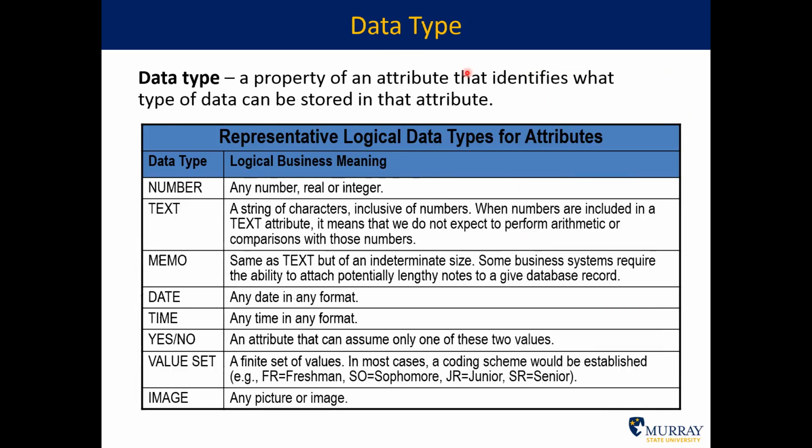Now, one thing to note about attributes is that each attribute should have a specific data type. Typically, data types fall into one of those categories. Microsoft Access uses a slightly different version of categorization, but it's very parallel to what you see here on the slide.